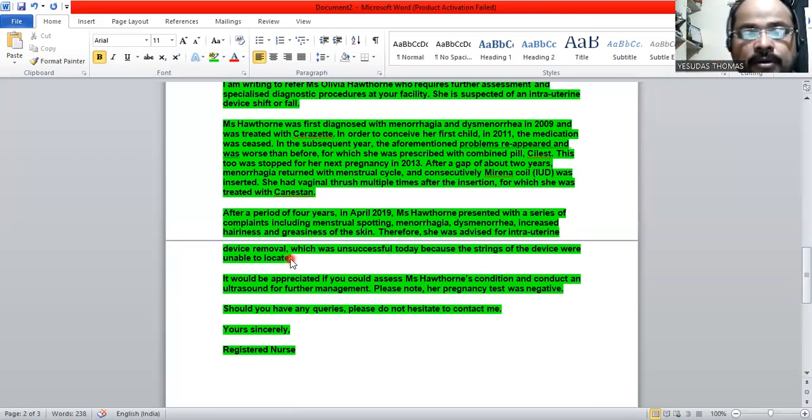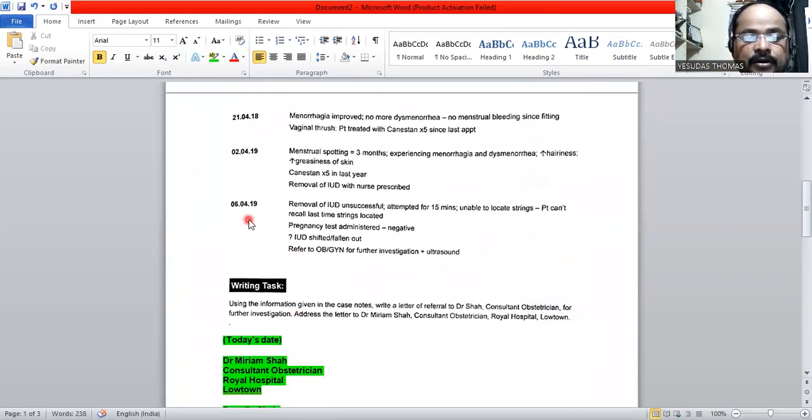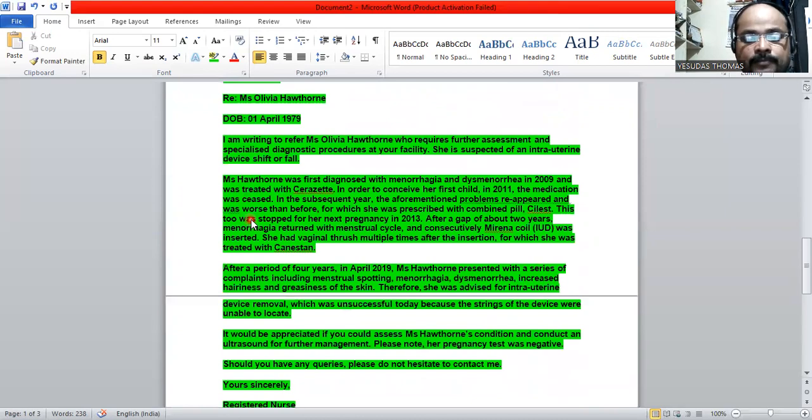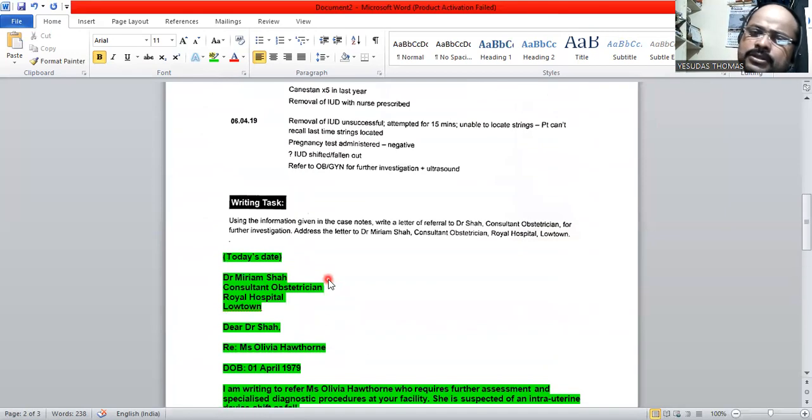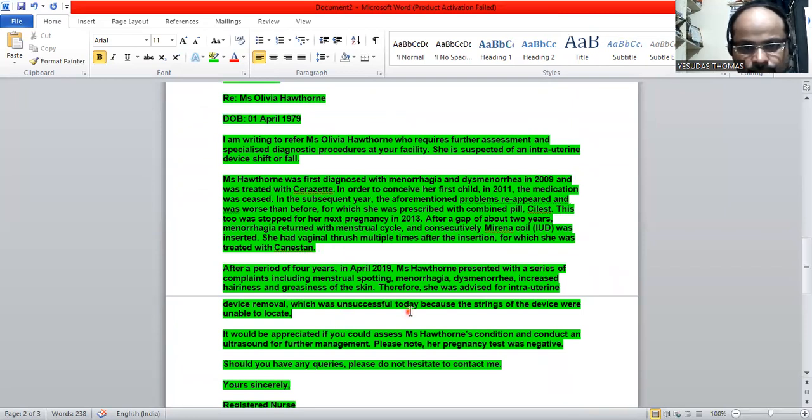The date is mentioned here, 6 April. Therefore, she was advised for an intrauterine device removal.